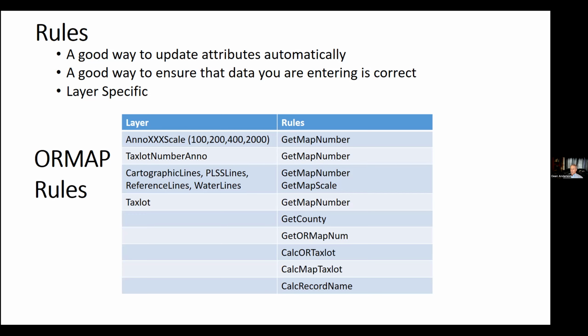They also need to know the map number. Those fall into some general categories, as does the tax lot, which needs to know what map it's in and what county it's in. And one of the things we recognized early on in our design is that every county has its own county-specific unique identifier for a tax lot.